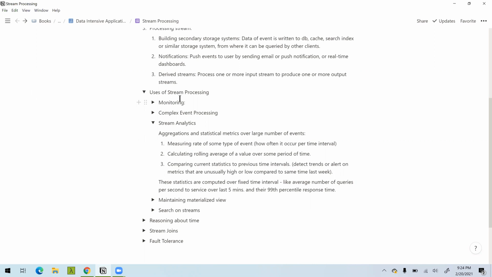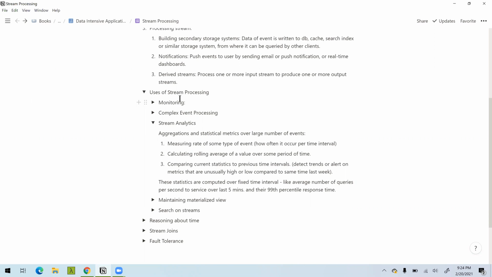Or the third example is that you're comparing the current statistics to the previous statistics. So this could be useful. For example, if you have a service running and you have some previous statistics about how your service behaves, such as some volume of users using your service, right?